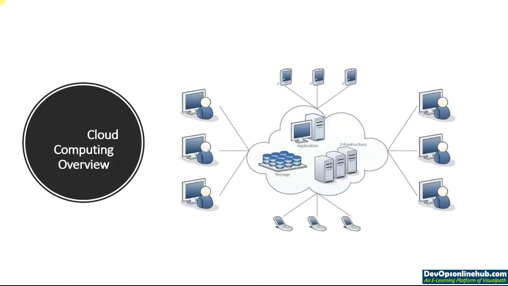On an overview level, the picture looks like this, where we have the storage, application and infrastructure residing in a central shared location, and the clients, which can be a workstation or end user devices such as mobile, tablet or PC, can access that information from any place.